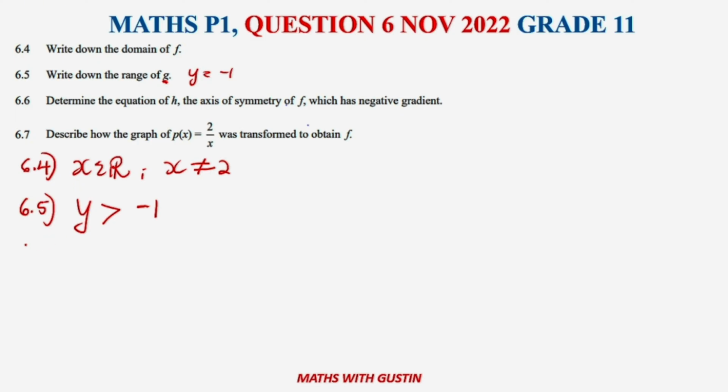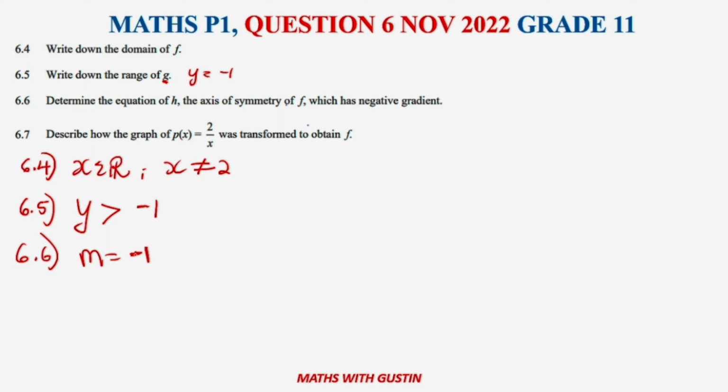All right, 6.6 rather: determine the equation of h, the axis of symmetry of f, which has a negative gradient. For a negative gradient, you are going to have a gradient of -1.